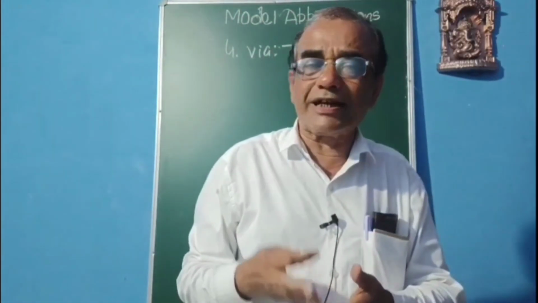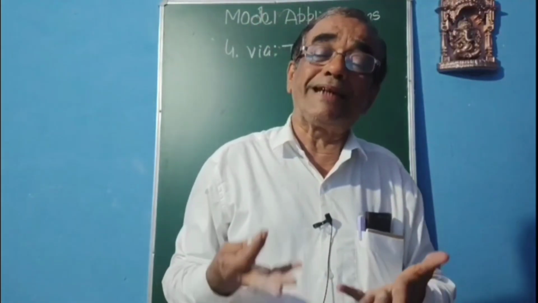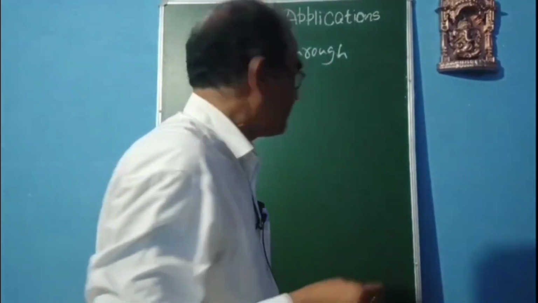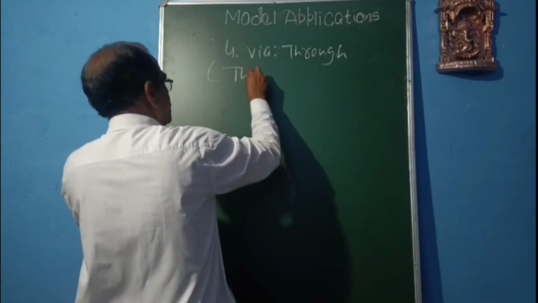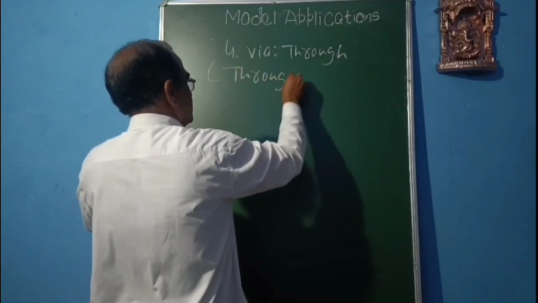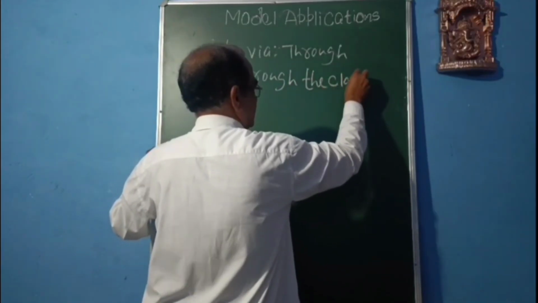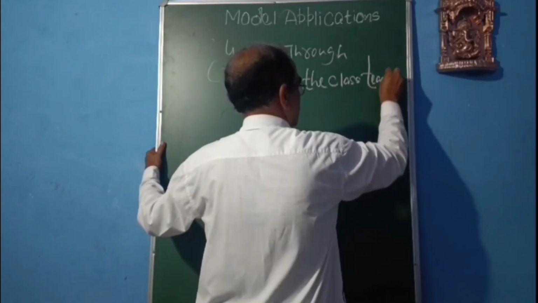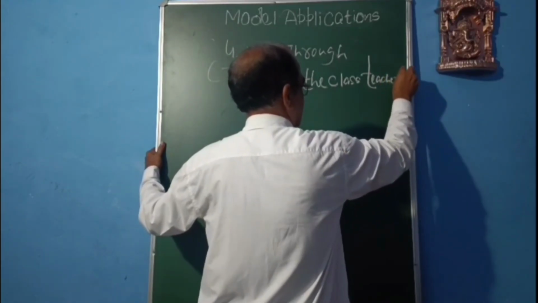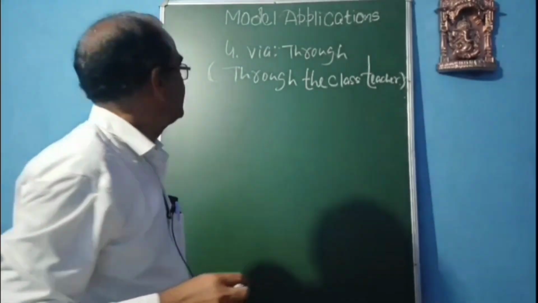You are not to write the name of the person. You have to write the official designation of the designated person. For example, through the class teacher. And this phrase should be kept within the bracket.